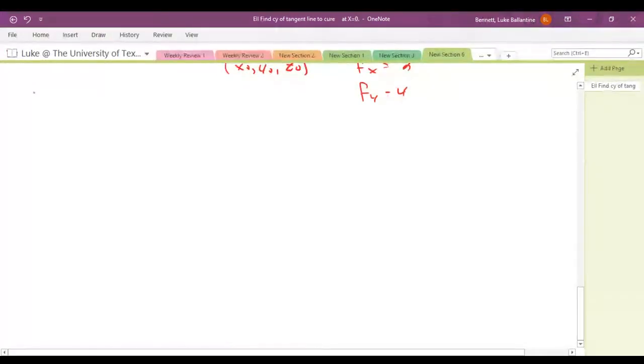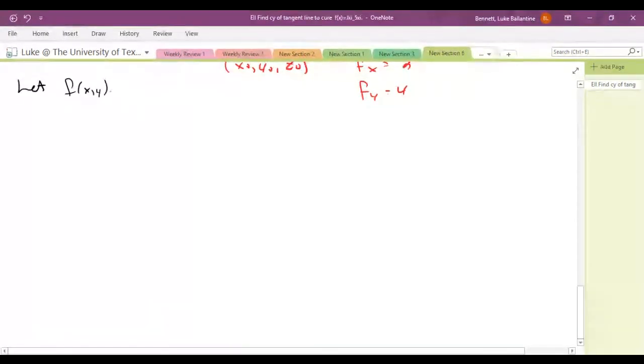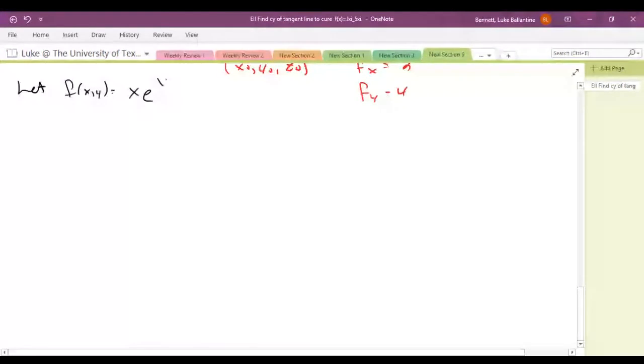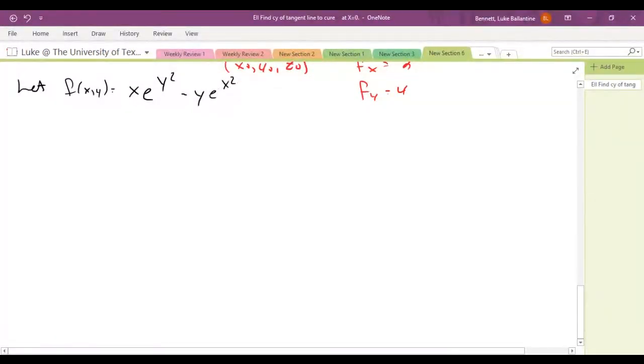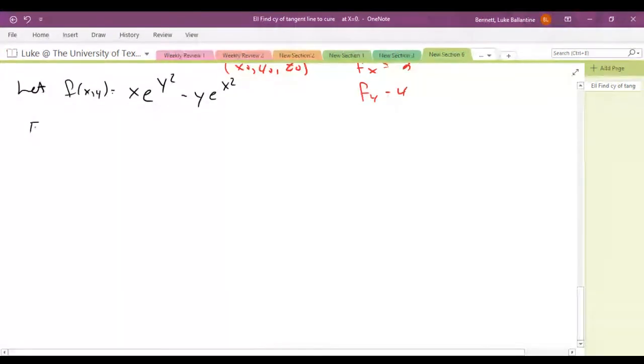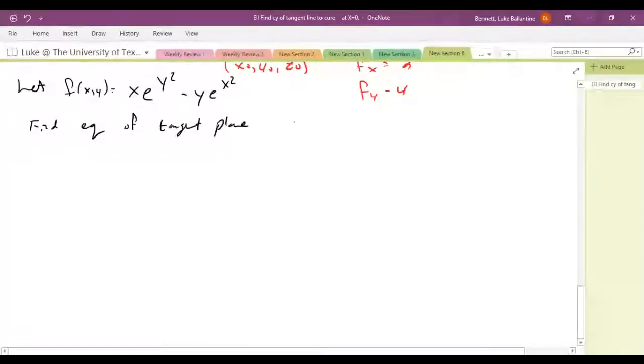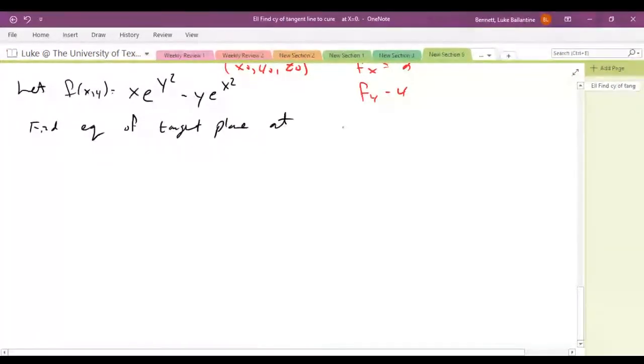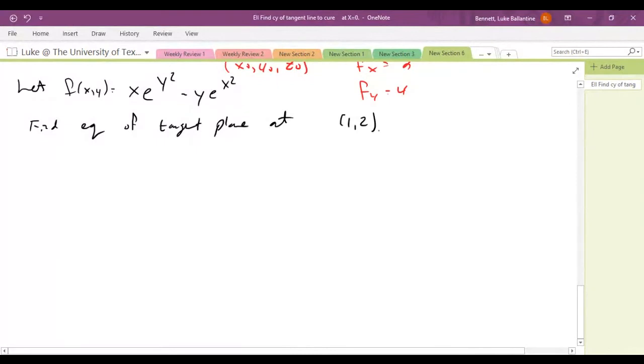Let f of x, y equals x e to the y squared minus y e to the x squared. And then we have to find the equation of the tangent plane at 1, 2. This looks like a monster, doesn't it? A monster function.